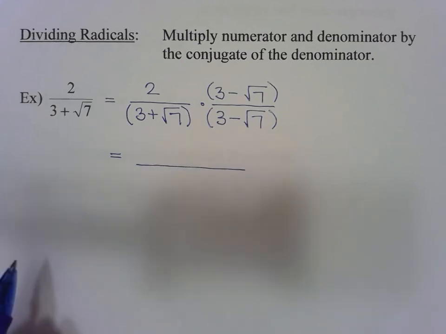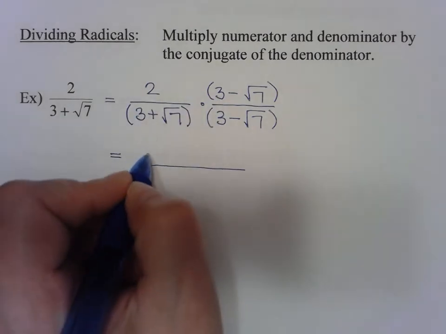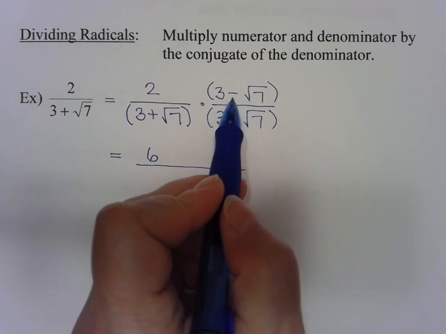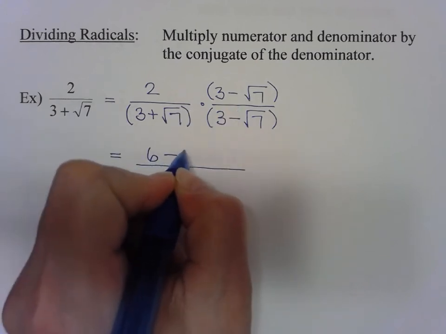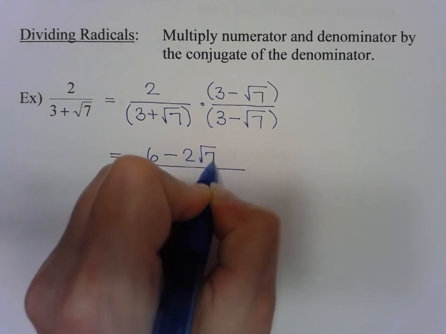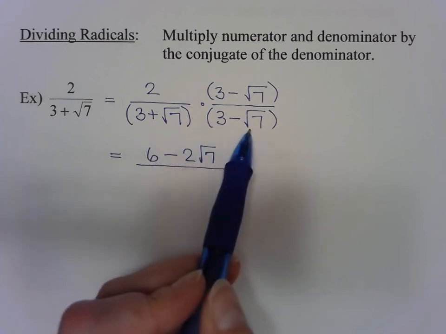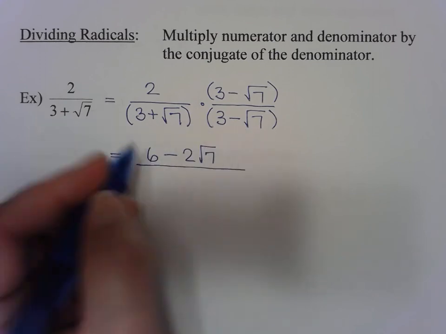In the numerator, we're going to be using the distributive property. So 2 times 3. And we only use a distributive property if we have a plus or a minus, and so that's why we're doing it here. Minus 2 times the square root of 7. In the bottom, we're going to FOIL these two together, just like we just did. So first, 3 times 3.